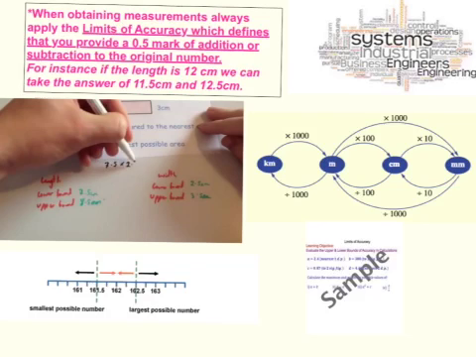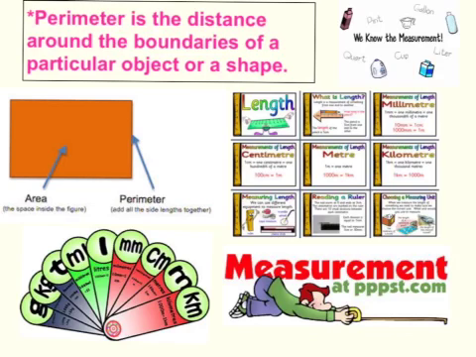Perimeter is the distance around the boundaries of a particular object or a shape. For perimeter, you usually add all the sides and the lengths together. However, the difference, as you can see, is that area is the space inside the figure, whereas perimeter is the distance around the shape.